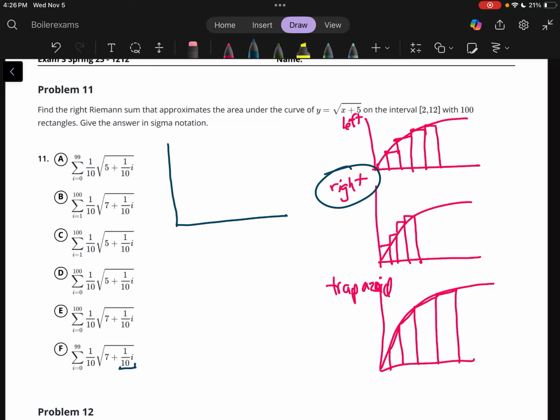Okay, so let's try drawing out our right Riemann sum. Let's say this is 2 and let's say this is 10. Maybe I'll draw this rectangle in a different color.